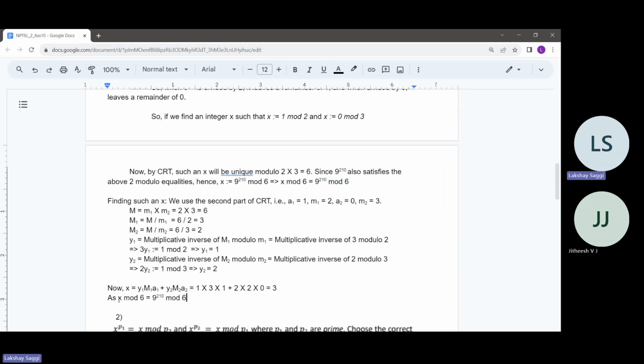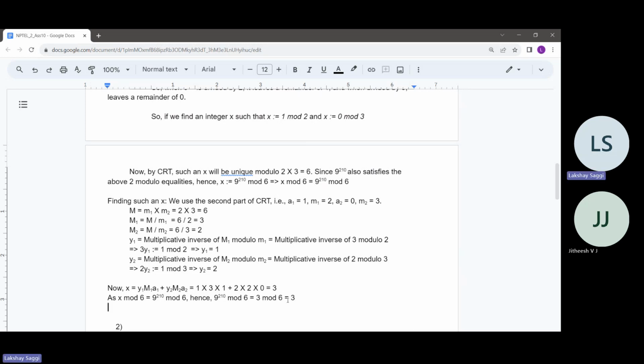As x mod 6 is equal to 9^210 mod 6. Hence, 9 raised to the power 210 mod 6 is actually equal to 3 mod 6, because x is equal to 3 here, which we have obtained, and which is actually equal to 3.